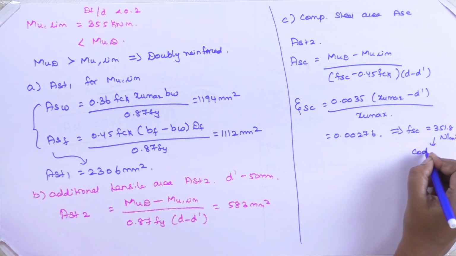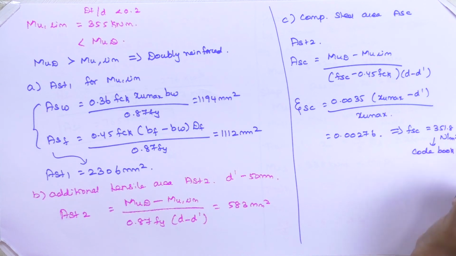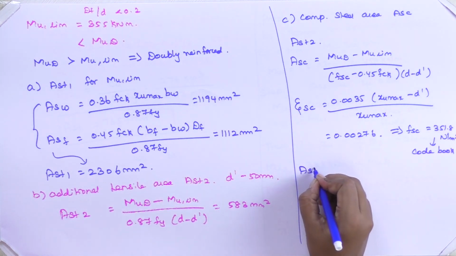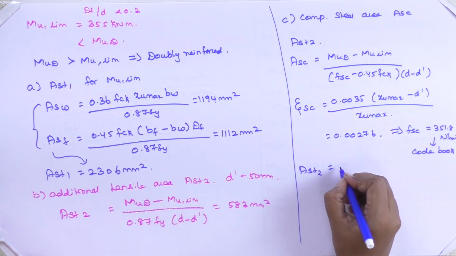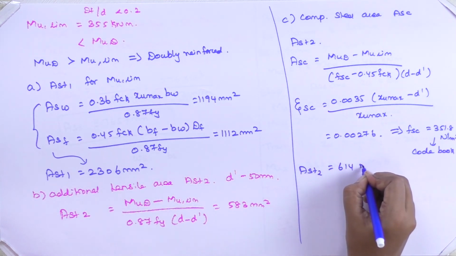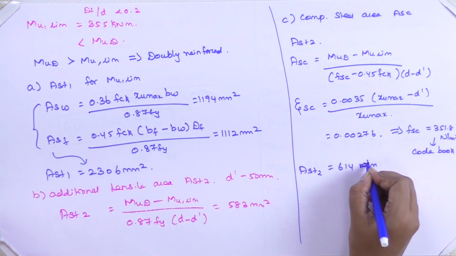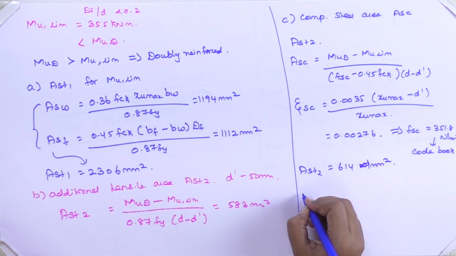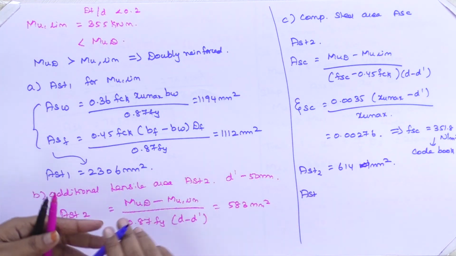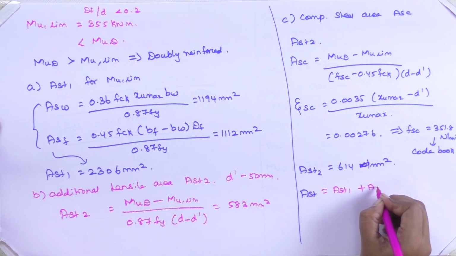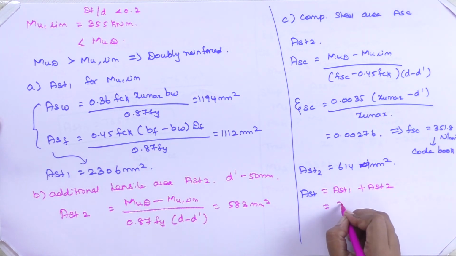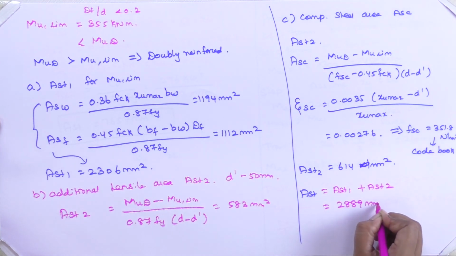This is from the code book. So I'll get ASC as 614 mm square. Total AST is equal to AST1 plus AST2, that is around 2889 mm square.